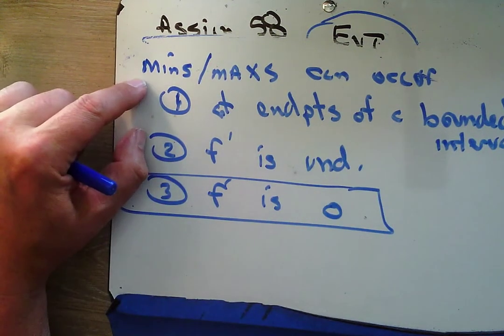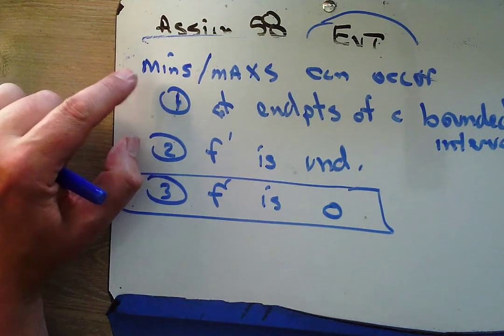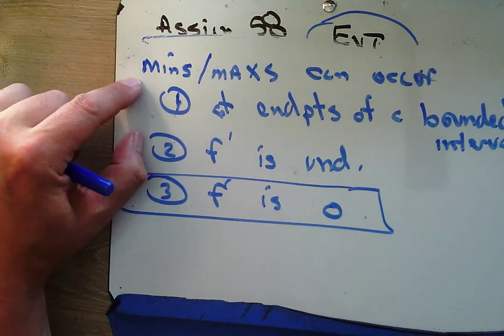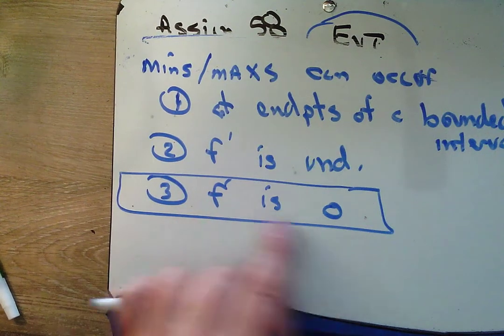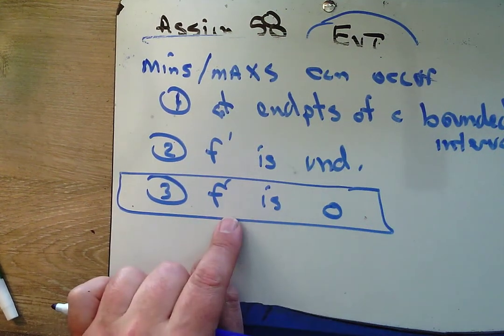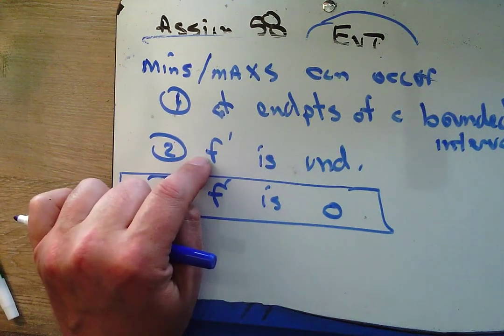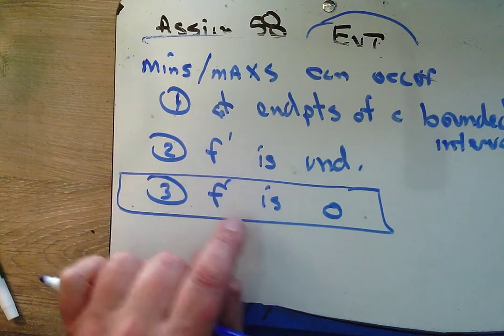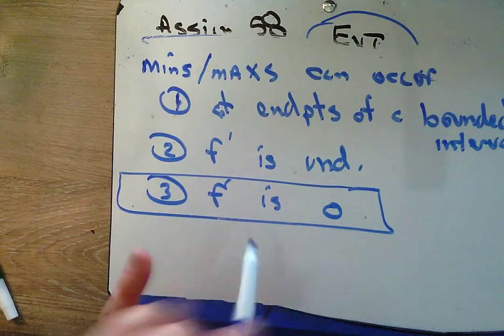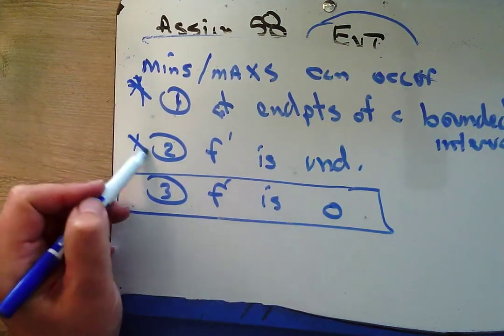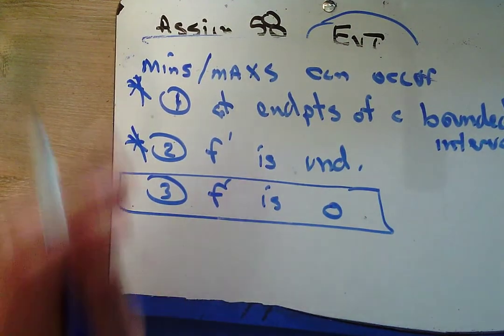And that's what happens to a lot of kids in the United States. They completely forget that this isn't the only place we look for mins and maxes. We look for mins and maxes at endpoints. We look for mins and maxes where the derivative is undefined, as well as where f prime equals 0. Please don't forget these. I certainly will when I write your tests.